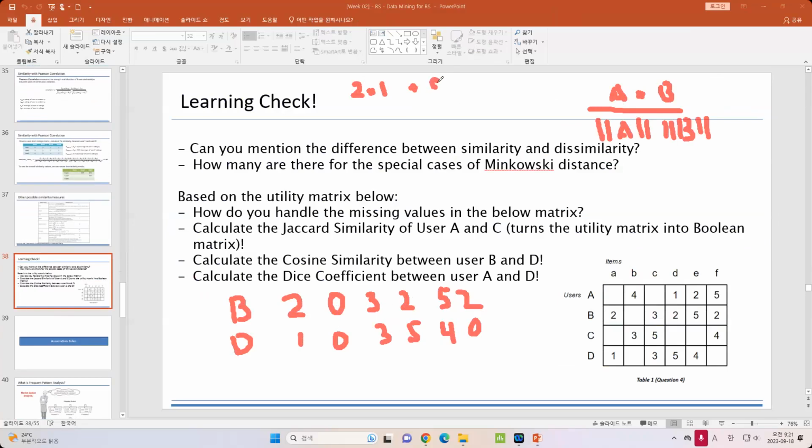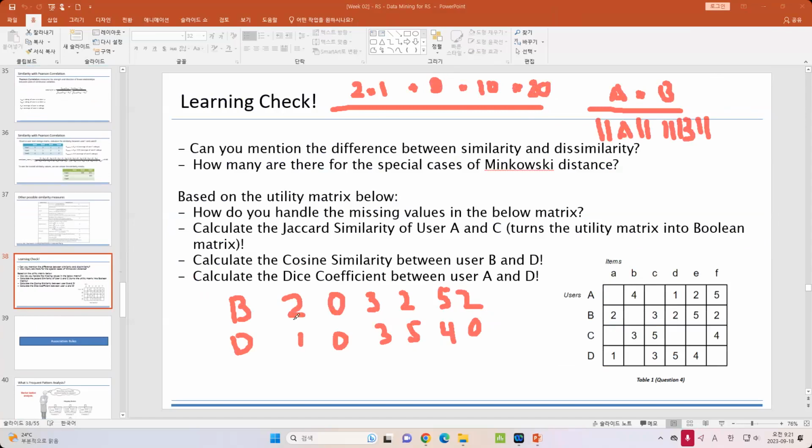So let's say 9, 10, 20, and 0, divided by.